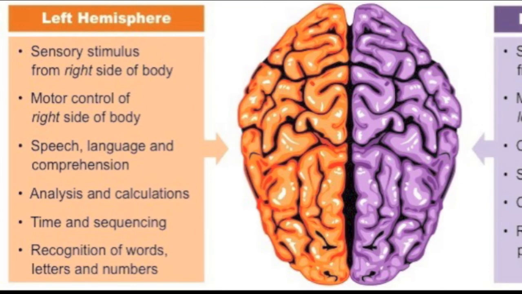So as I said, this is the left side of the brain. It's more involved with speaking, reading, writing, listening, number skills, grammar, analyzing information, logic, sequential thinking, being aware of time, and also, please note, it does control the right side of your body. So if you have an injury on the left side of your brain, this is my left, I'm going to notice problems on the right side of my body.